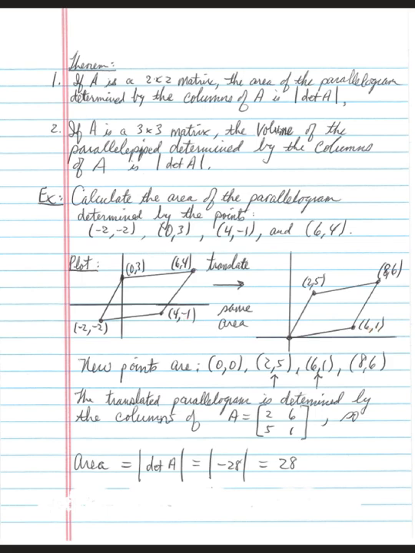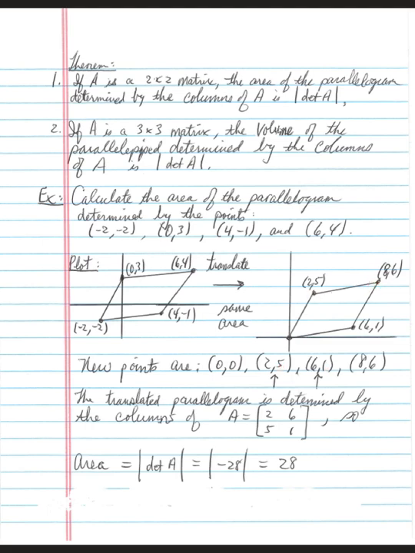Once you've translated your parallelogram to where one vertex is on the origin, then the 2 vectors leading out, or at least the 2 sides, after translating, we have (2, 5) and (6, 1). That one's the sum of them, don't worry about it.